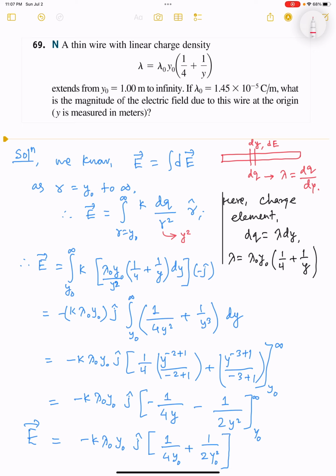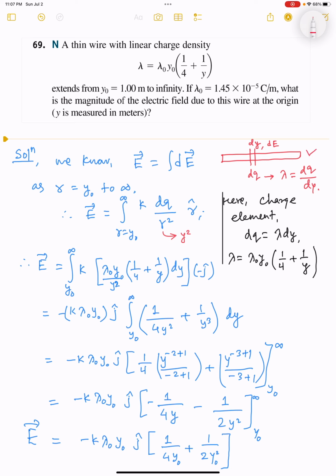Okay, so we can express the configuration of the linear charge density, or the small charge element of the thin wire, as this.